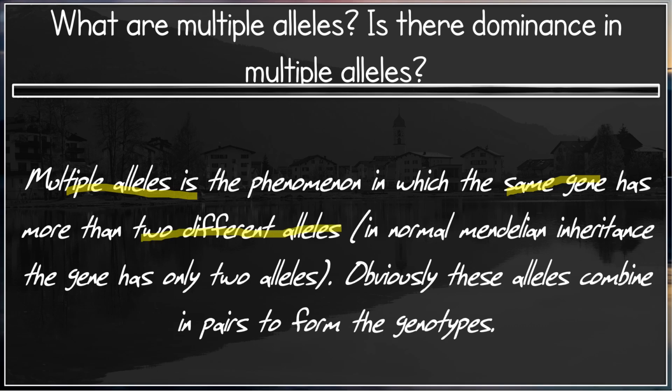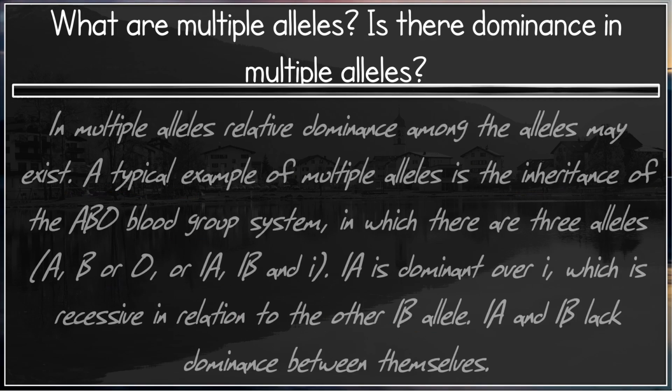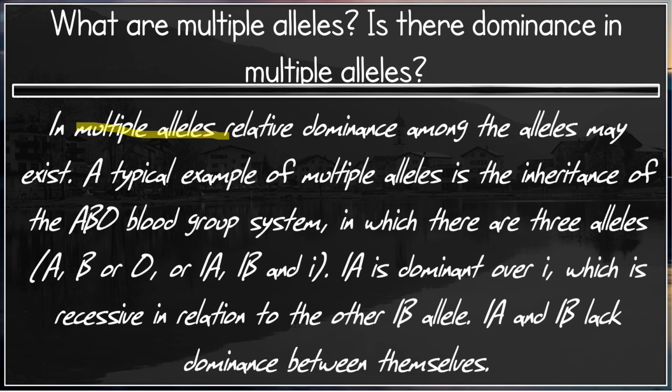In Mendelian inheritance, a gene has only two alleles. Obviously, these alleles combine in pairs to form the genotypes. In multiple alleles, relative dominance among the alleles may exist.